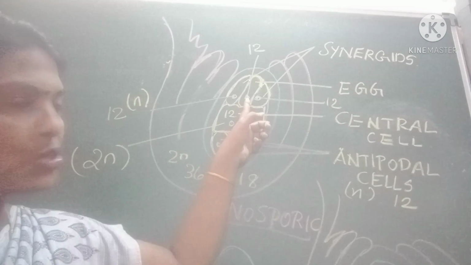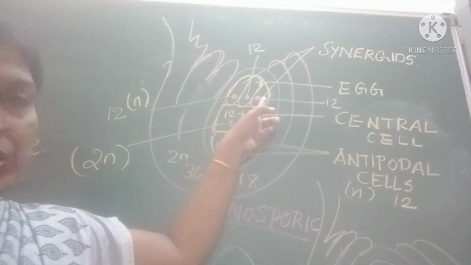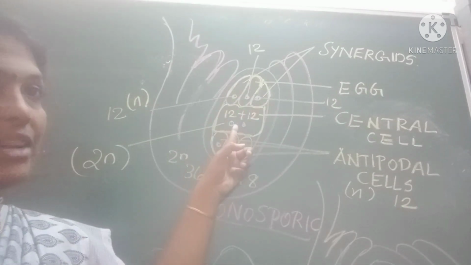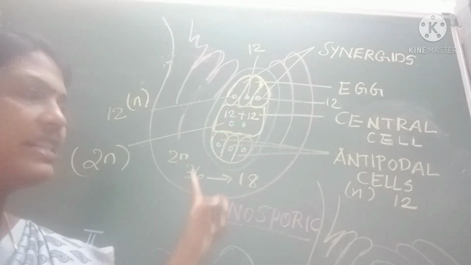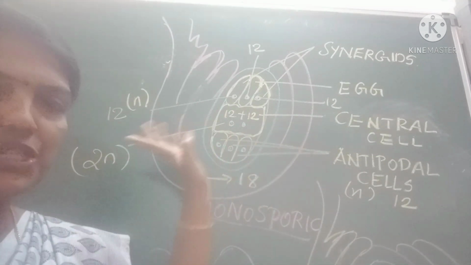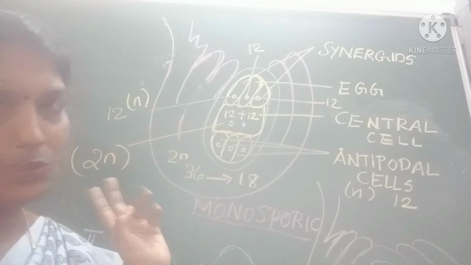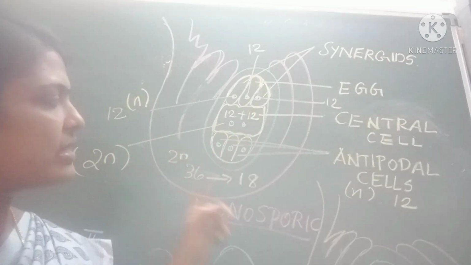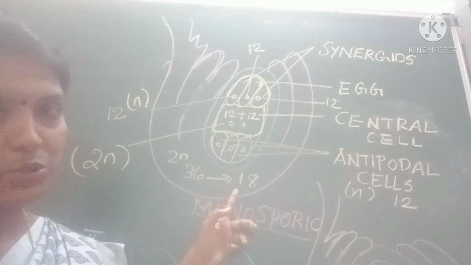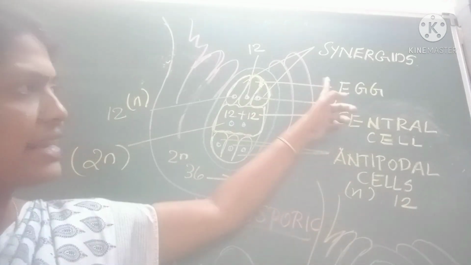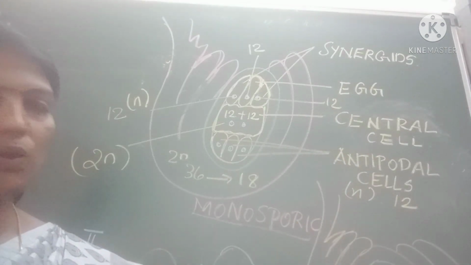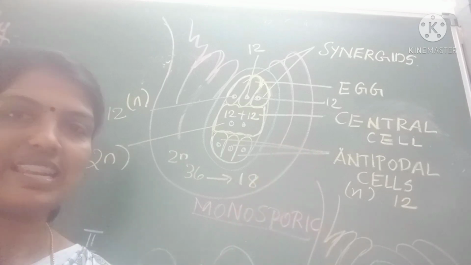So the egg also consists of 18. The synergid also consists of 18. In the central cell we can see 18 plus 18, that is 36, 2n. The central cell ploidy is 2n, because there we can see 2 nuclei. And the antipodal cells also have 18 chromosomes. So here the antipodal cells and egg apparatus are haploid, whereas the central cell is diploid.